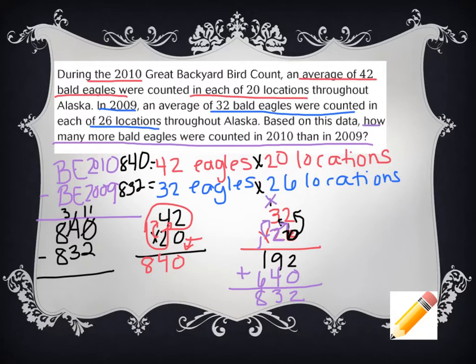I regroup, and 10 minus 2 is 8, 3 minus 3 is 0, and 8 minus 8 is 0, giving me 8 more bald eagles. Go ahead and copy this example into your notes. Then let's move to the next one.